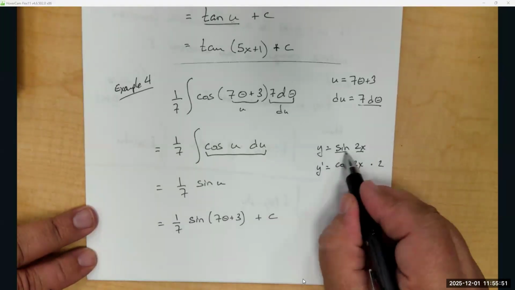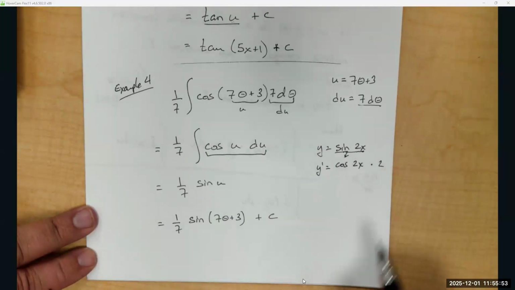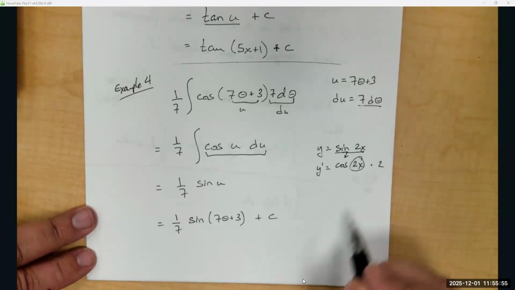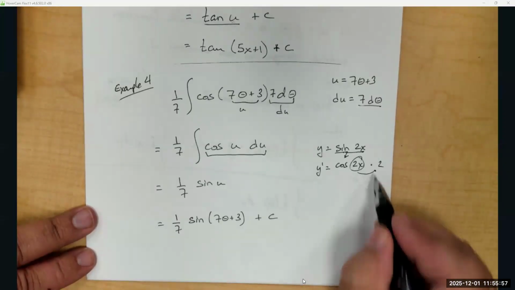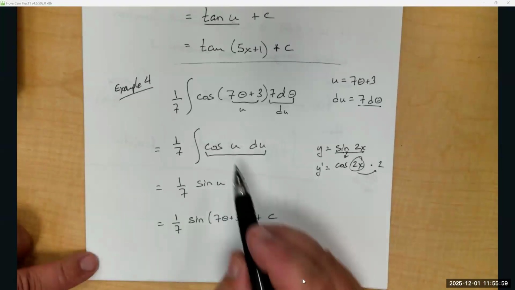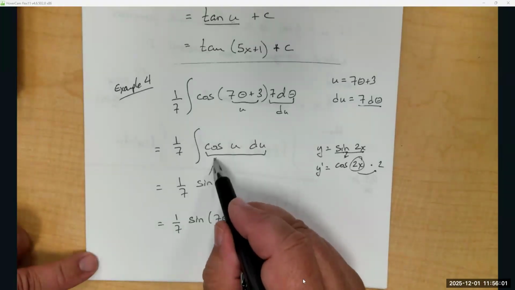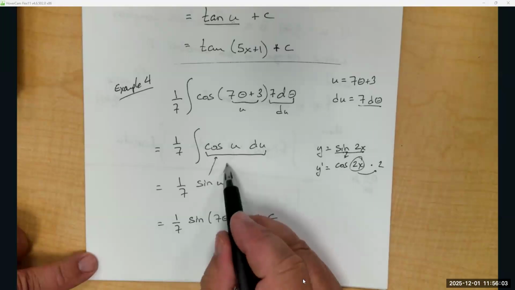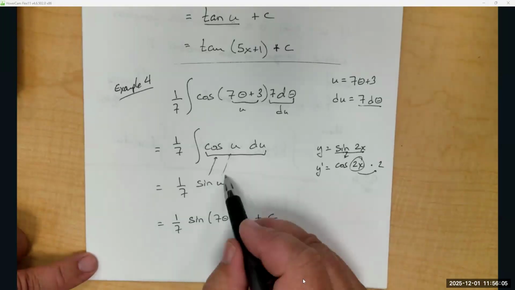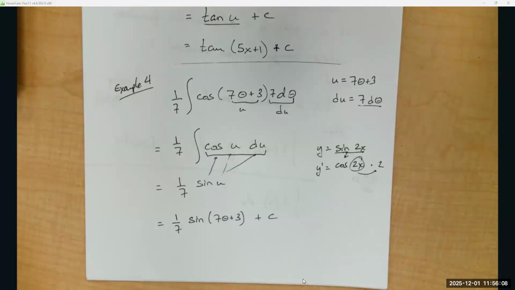Because it's the derivative of the outside, which is cosine. Leave the 2x alone. Then the derivative of the inside, which is what this is telling us. So this is the derivative of the outside, leave the u alone, times the derivative of u. And yes, that's going to be the hardest part: you have to think about where it came from.